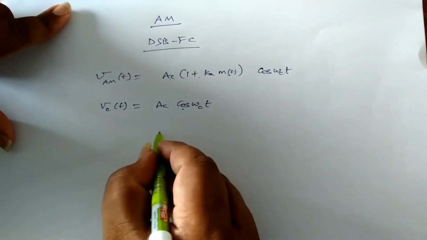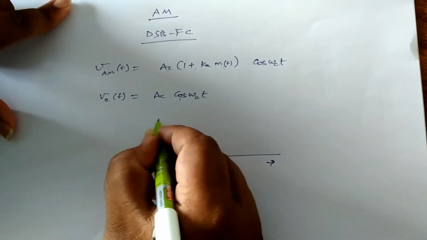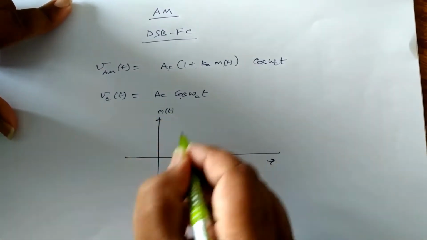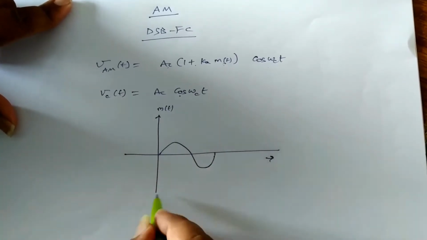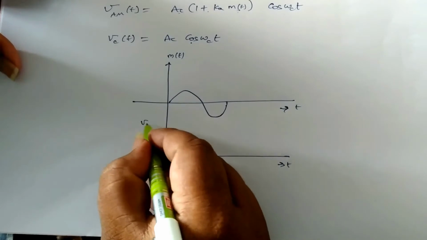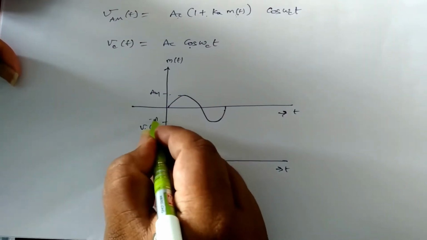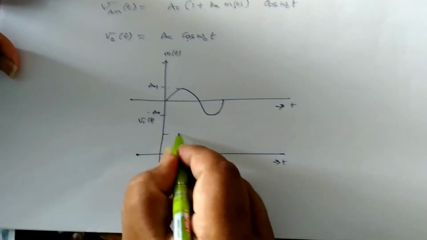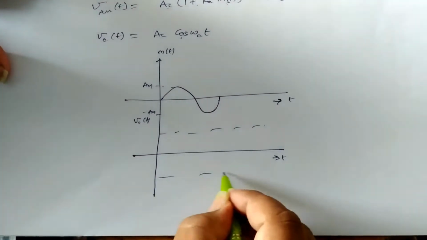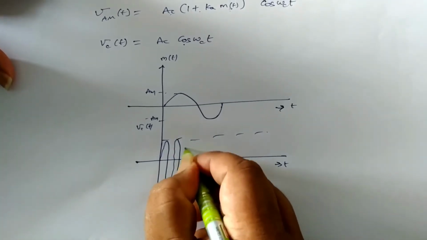So now with this, the modulated waveform according to the theoretical representation, if I assume it is a message signal m of t, and carrier signal Vc of t like this. Here you can take it as plus Am, minus Am. And carrier signal is a high frequency signal, high frequency or low time period.